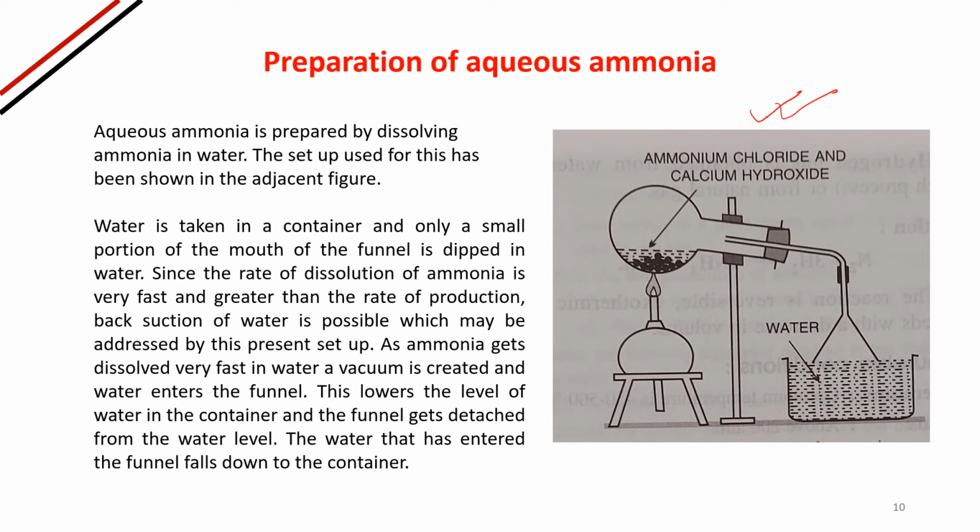As ammonia gets dissolved very fast in water, a vacuum is created and water enters the funnel. This lowers the level of water in the container and the funnel gets detached from the water level. The water that has entered the funnel falls down to the container.